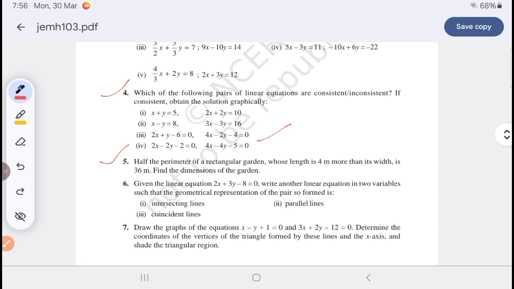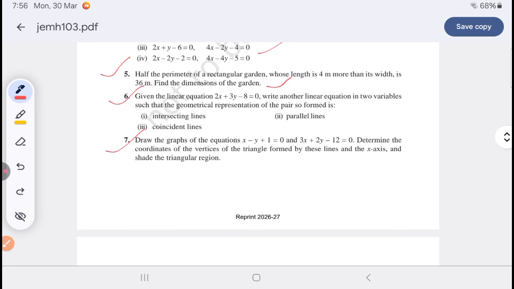There may be two equations, then solve it. If you have any doubt, or you are not able to solve, you can send me your queries in the comment box, I'll reply. Okay? Similarly for this one and this question.